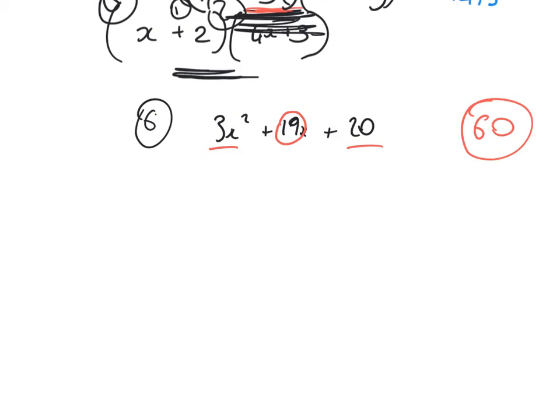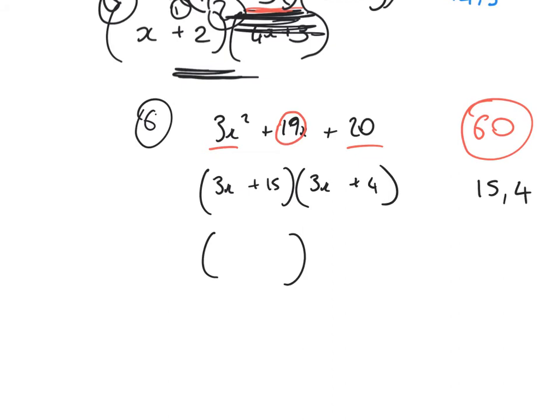So 1 and 60, no. 2 and 30, no. But I could use 15 and 4. 15 times 4 is definitely 60, and 15 plus 4 is 19. Plus 15 plus 4, drop 3x in here, 3x in here.